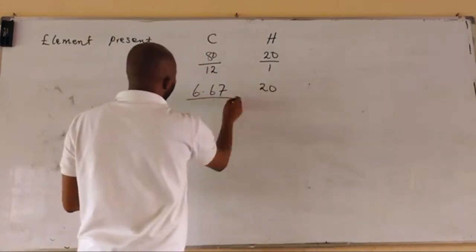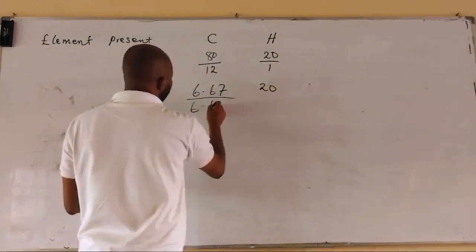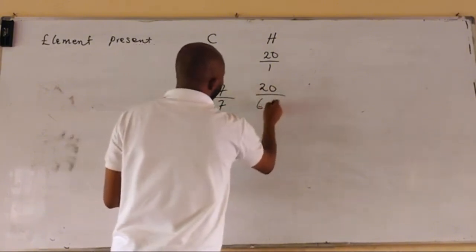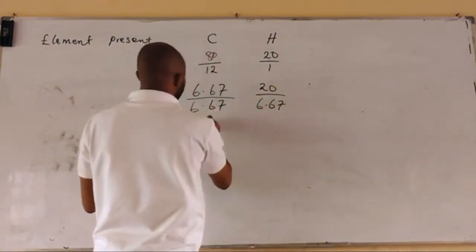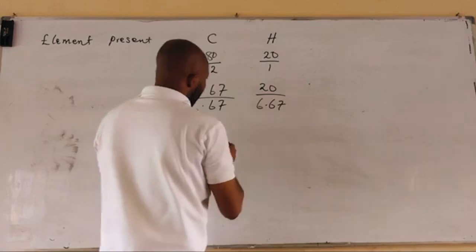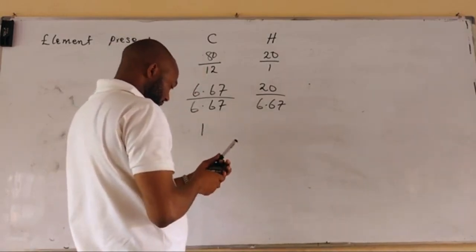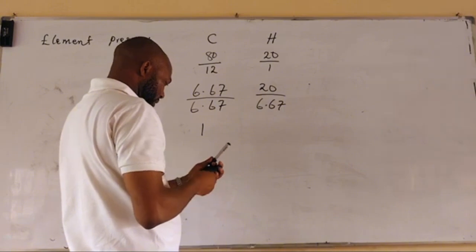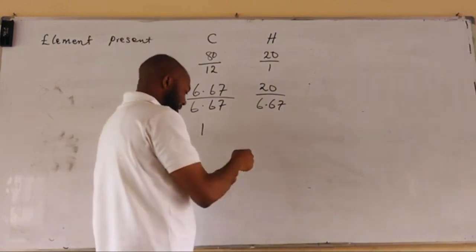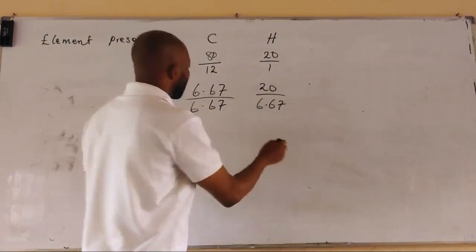We divide by the smallest, which is 6.67. Here is 1. And here, 20 divided by 6.67 gives us 2.99, so let's call that 3.